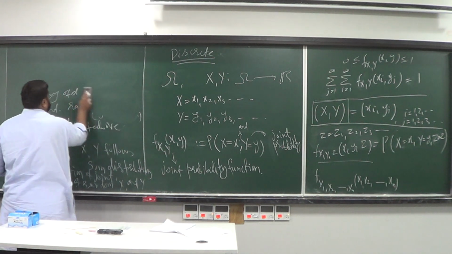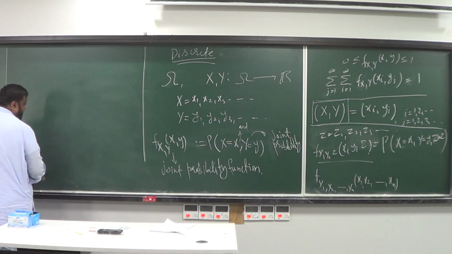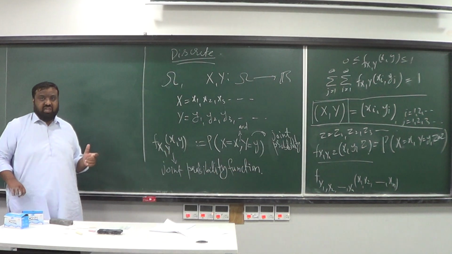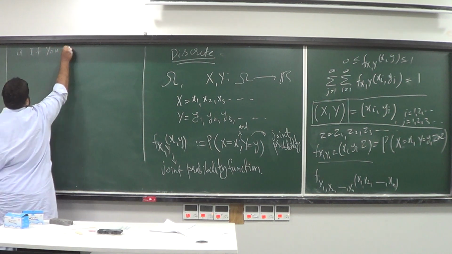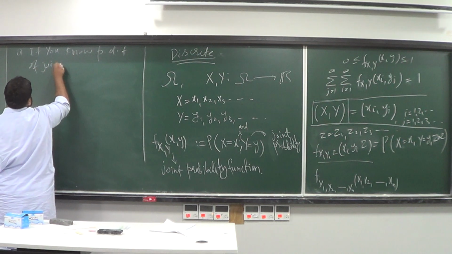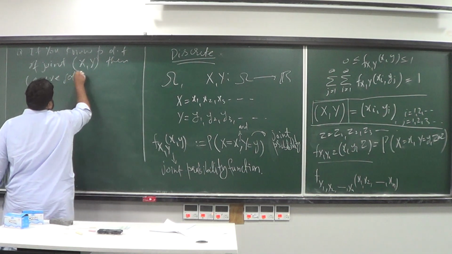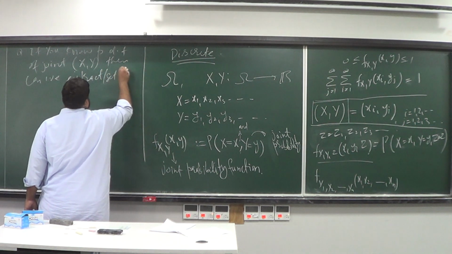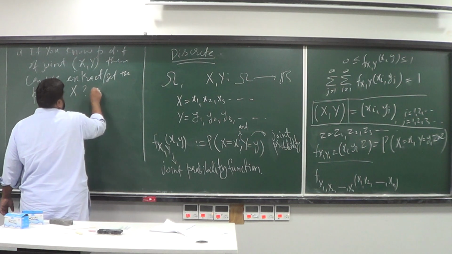One of the things is, if you know the PDF, the probability mass function or density function, of the joint of x and y, can you extract the PDF of the random variable x or y only?